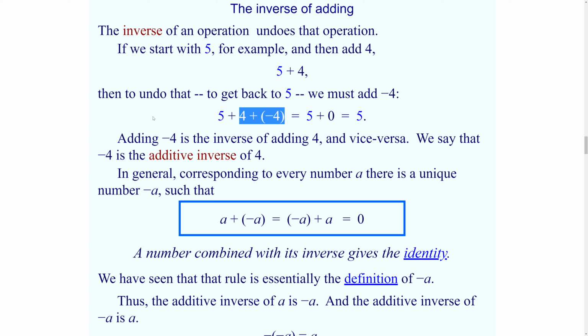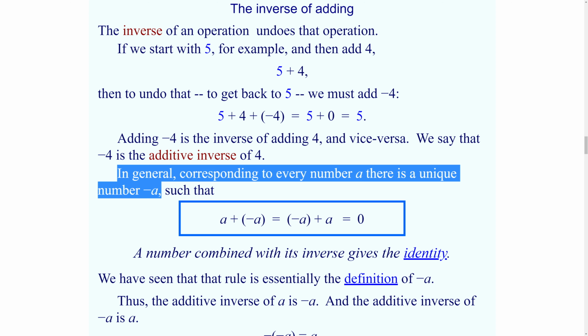So to rephrase this, we can say that adding -4 is the inverse of adding 4, and vice versa. We say that -4 is the additive inverse of 4, and 4 is the additive inverse of -4 as well. So in general, corresponding to every number a, there is a unique number, -a, such that, and here comes the rule.